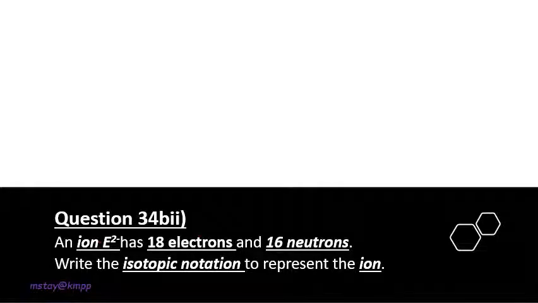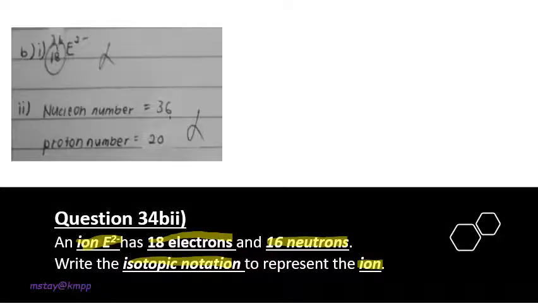Okay, let's look at these questions. Information given: ion E2 negative, 18 electrons with 16 neutrons. Look for the isotopic notation of the ion. Student A has no idea that if the ion is negatively charged, electrons have to be more than protons.